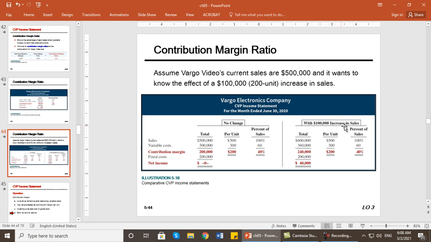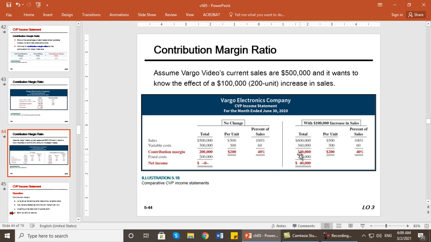With a 100,000 increase in sales, 600,000, variable cost will be 60% of 600,000, 360,000.